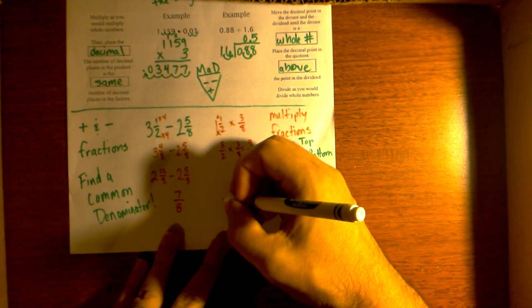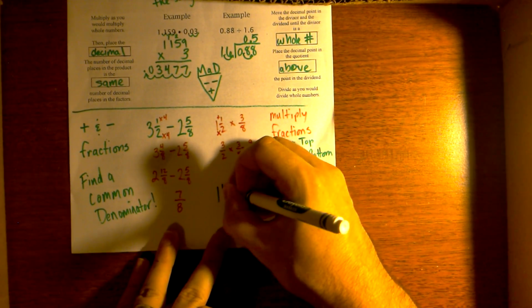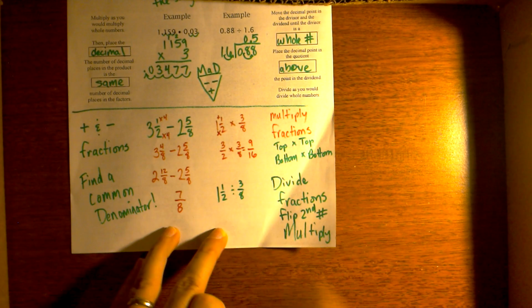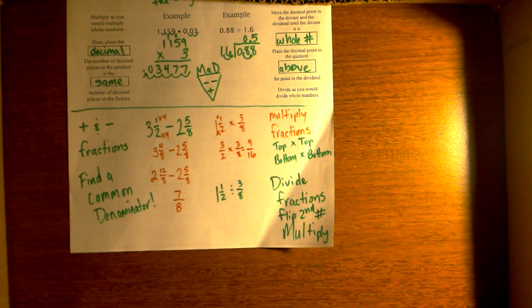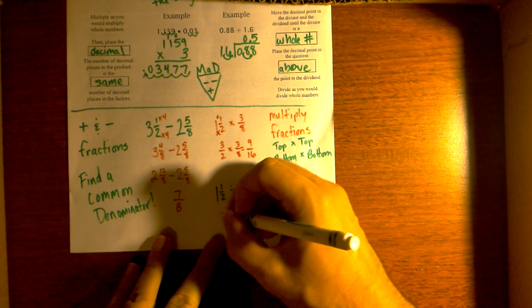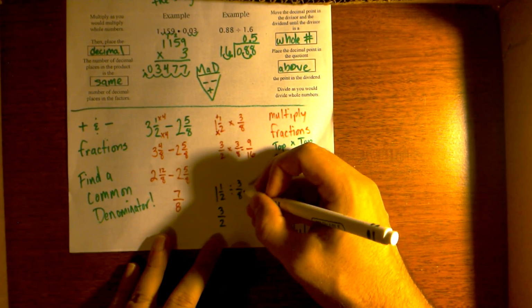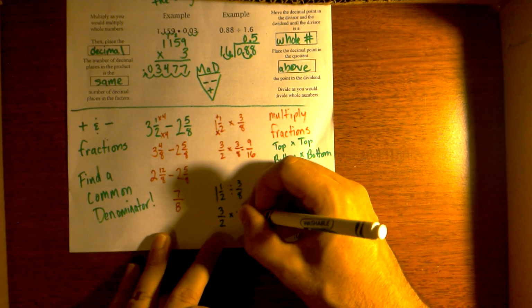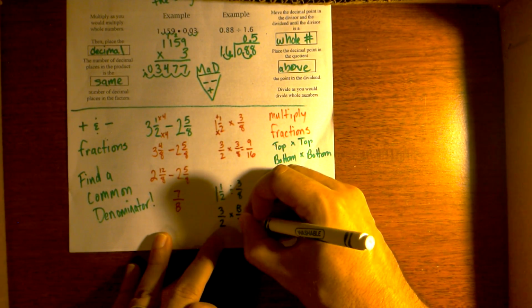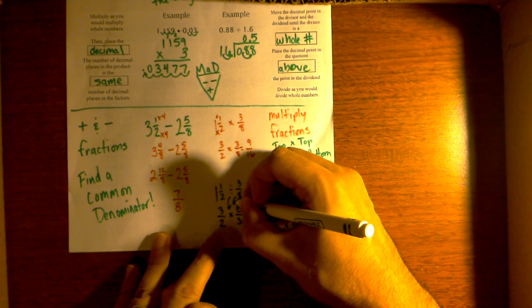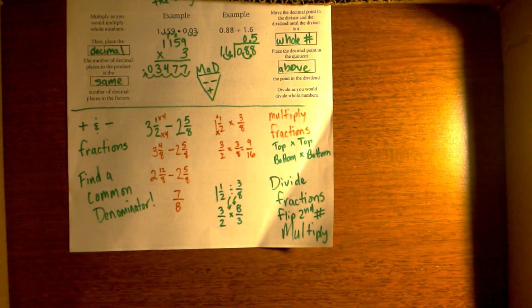Let's do the same thing. 1 1/2 divided by 3/8. Notice on both of these, I don't find a common denominator. I do need to make them improper. So I got 3/2, and I got to flip it times 8/3. Okay, I change my divide to multiply, and I change my 3/8 to be 8/3.